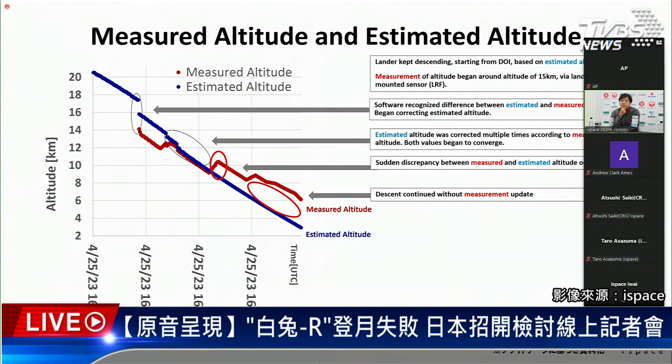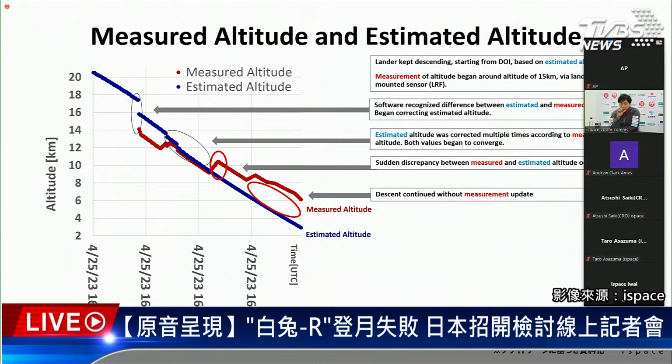This is the actual flight data plot. The blue line is estimated altitude, and the red line is measured altitude. When we start measurement, I mean at the start point of the red line, the blue line also has a really relatively large jump.